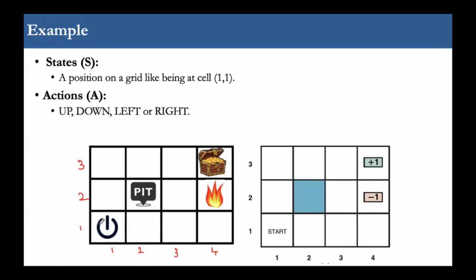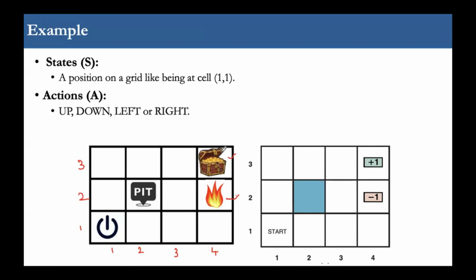The agent can start from the cell 1, 1, and here in the cell 3, 4 there is a treasure, and in the cell 2, 4 there is a fire. So there are 2 goals here. The agent can move to a treasure goal or it can move to a fire goal.